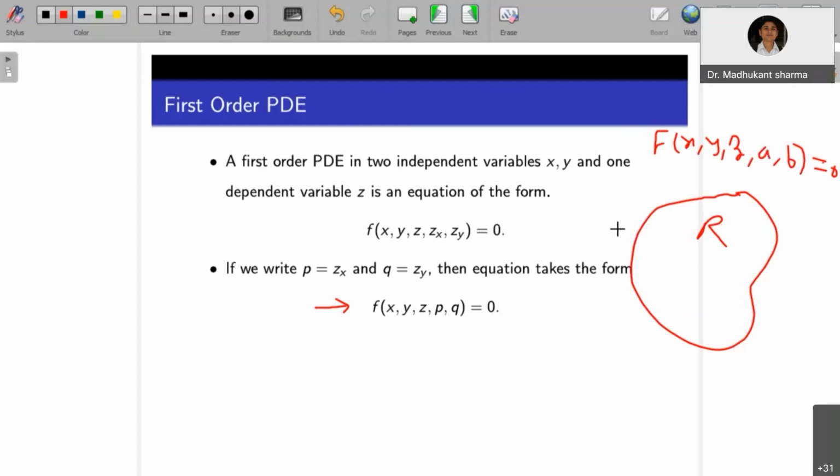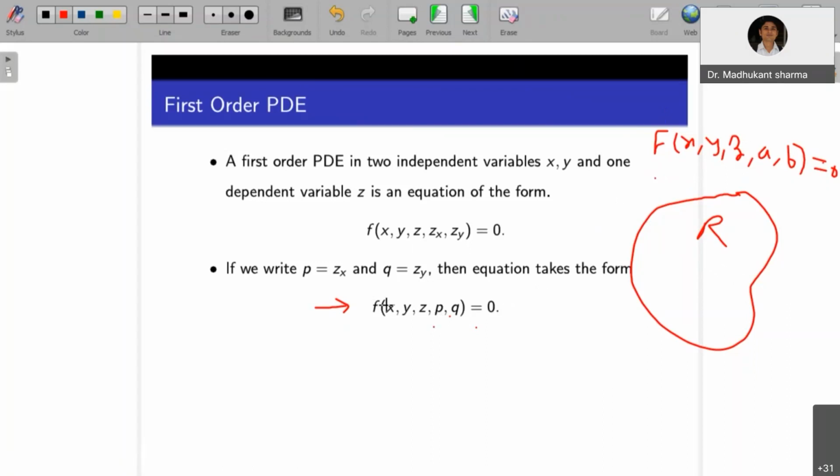Now the condition you essentially need to put is that the function has all the first order partial derivatives and satisfies the equation in that region R. So this function should be nice, in the sense that it has first order partial derivatives and satisfies the equation. That's a rough definition.